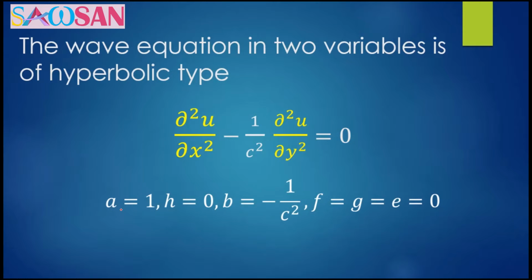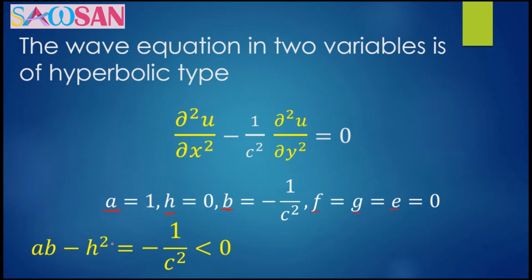Here a = 1, which is the coefficient of ∂²u/∂x², h = 0, which is the coefficient of ∂²u/∂x∂y, b = −1/c², which is the coefficient of ∂²u/∂y². f = g = e = 0, which are the coefficients of ∂u/∂x, ∂u/∂y, and u.